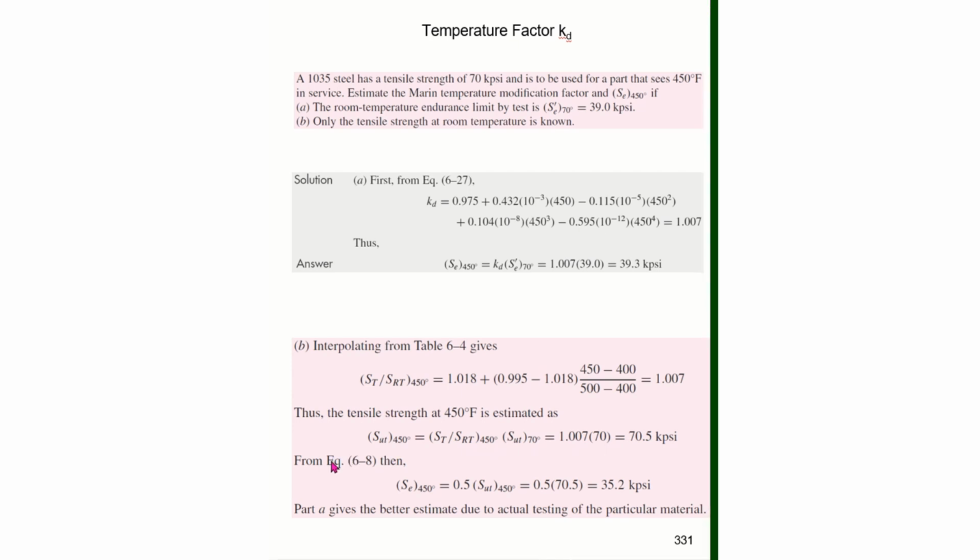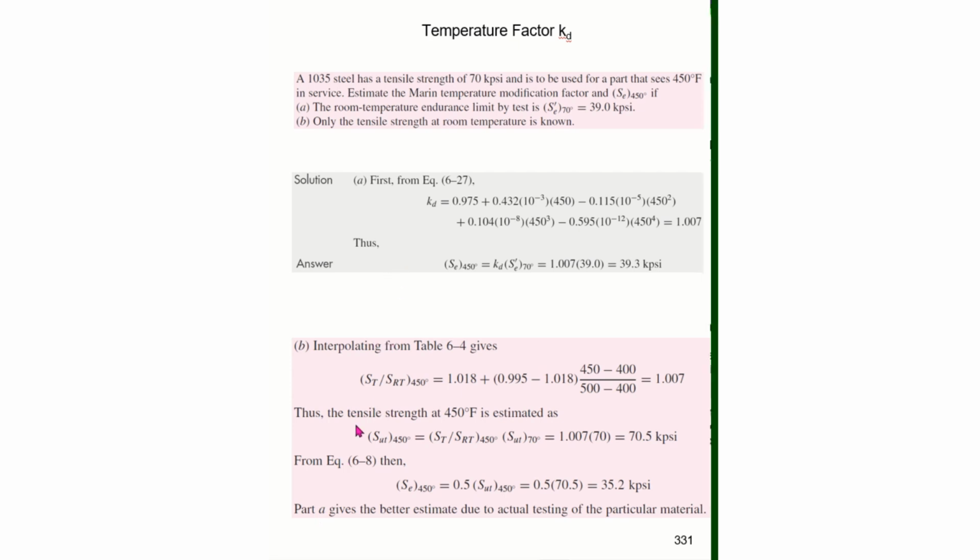And then from equation 8, I can get SE at 450 by 0.5 times SUT at 450. And that would give me 35.2. Note here, I don't compensate for Kd because I modified SUT for temperature.